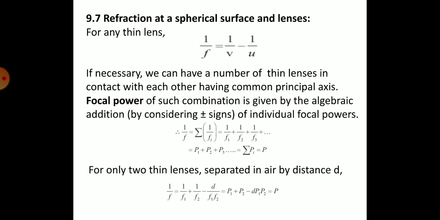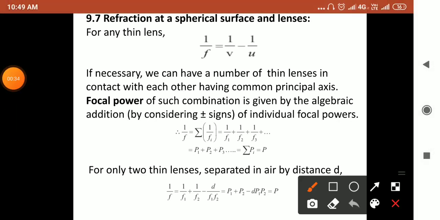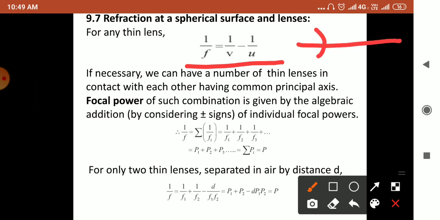For any spherical surface, the equation is 1 upon f equal to 1 upon v minus 1 upon u. When there are a number of lenses with a common principal axis, we can derive the focal power.